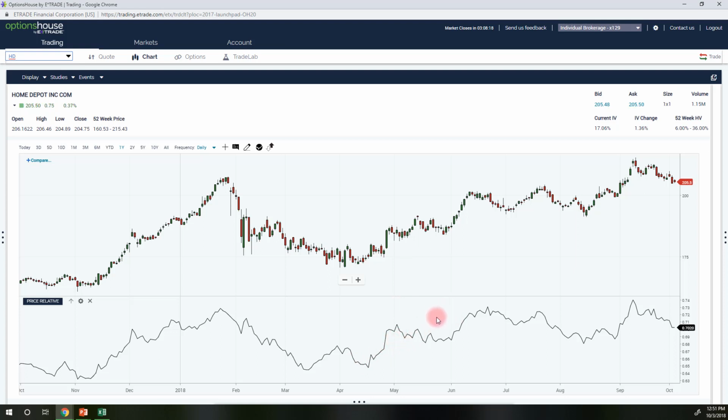Now we could probably get some opposite signals down here, not real strong, but just for the video here, let's say that Home Depot is rising through here, but we see that the indicator is falling. Another divergence. This would be more of a bearish divergence. Stock price is going up, but it's not going up with the market. It's underperforming the market.